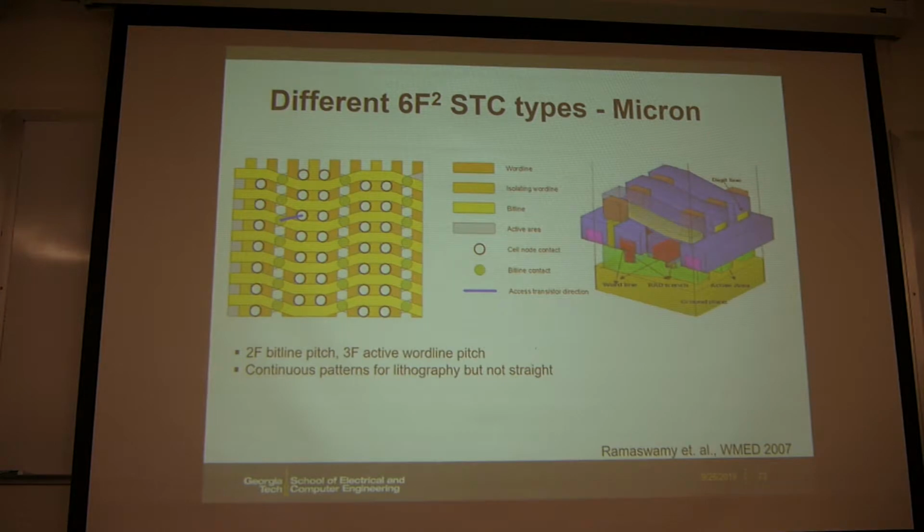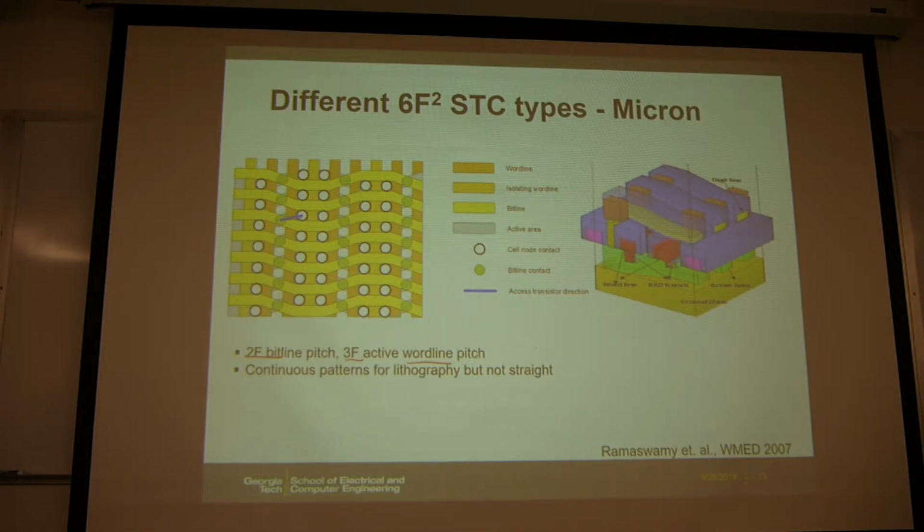And then for Micron, the design is a little bit different. In this case, still 6F squared, and BL is 2F, WL is 3F. But here the active transistor, the active area, has a different orientation.